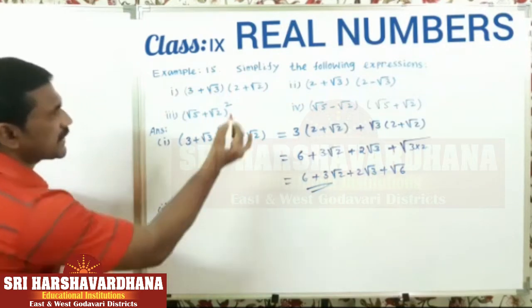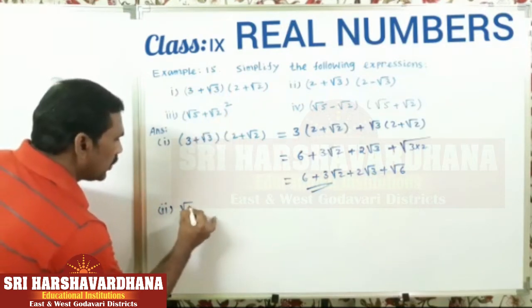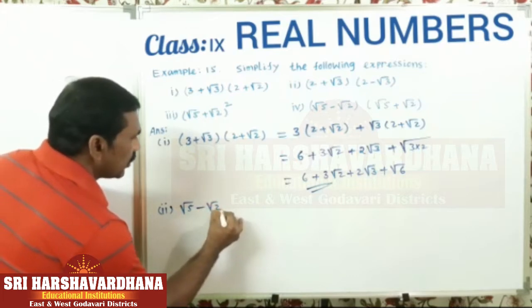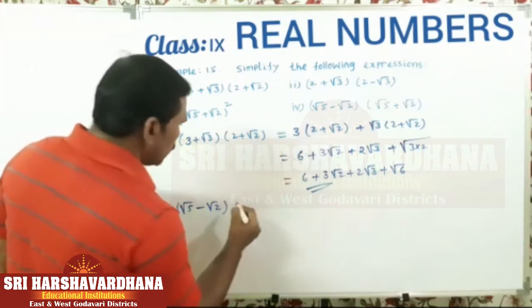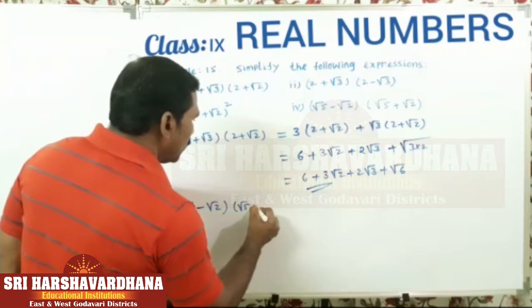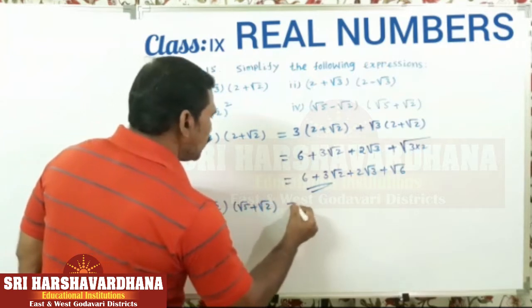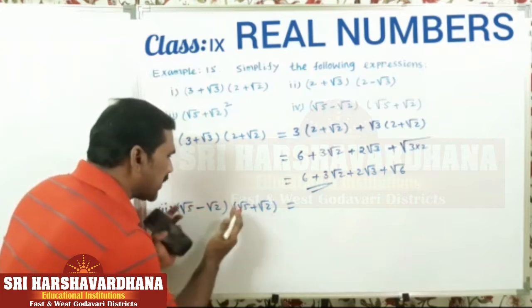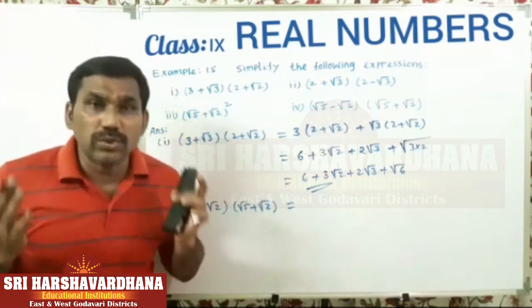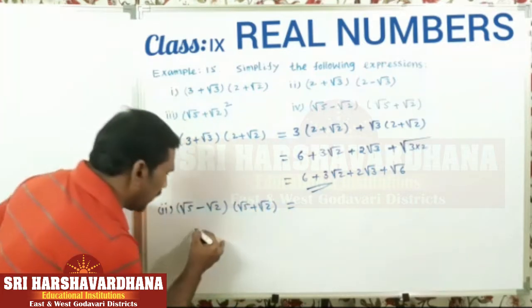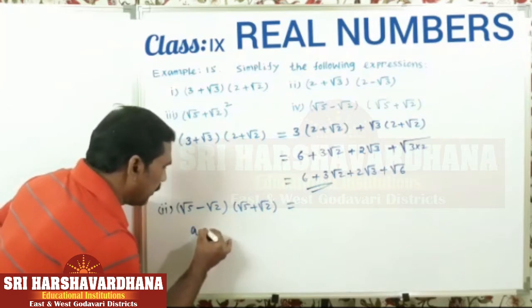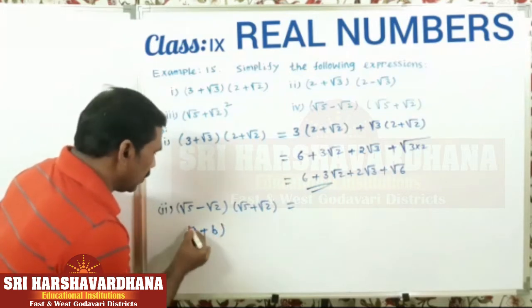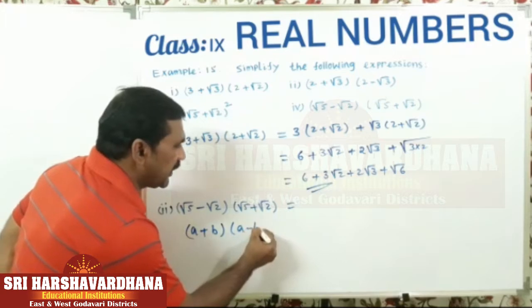Next, second problem. Observe the second problem. Root 5 minus root 2 into root 5 plus root 2. Children, once observe these two expressions. These two expressions are in the form of a plus b into a minus b.